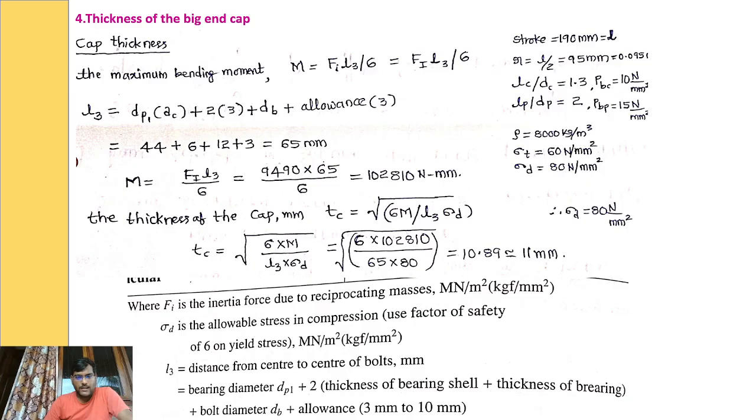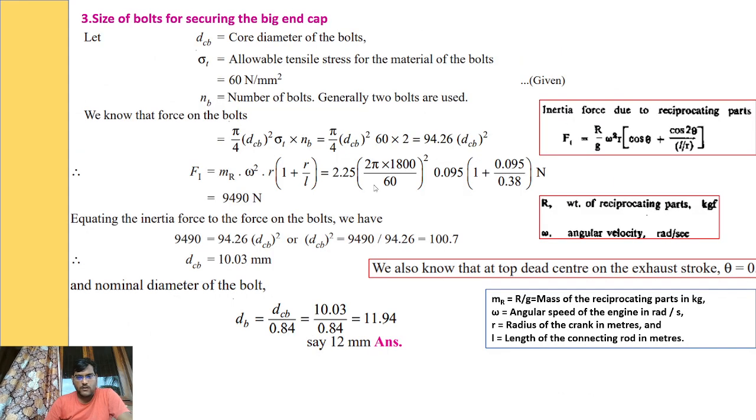Similarly, after getting the L3 value, you need to find out the M value. This is the direct formula available in the Mahadevan data book: F5 L3 by 6. You got the L3 value already. You need to find out the F5 value. F5, the inertia force, you know, is 9490. You can refer to the previous one.